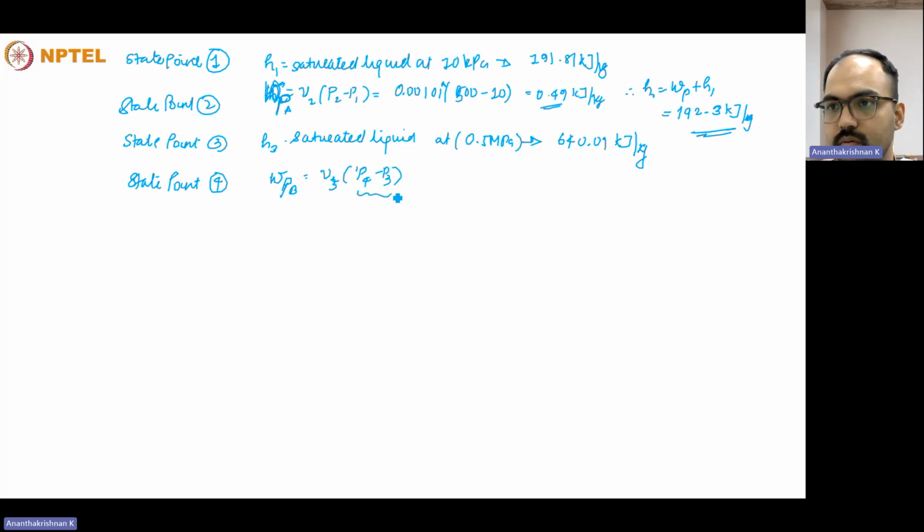So the difference will be equal to 14.5 into 10 cube kilopascal multiplied by the nu of 0.001. That will be giving you the work. So it will be somewhere around 14.5, and correspondingly the H4 will be equal to H3 plus this particular quantity, 640 plus this particular one.